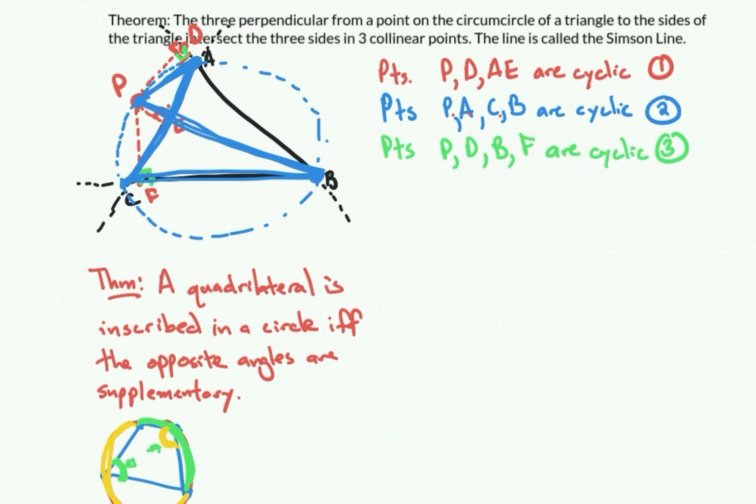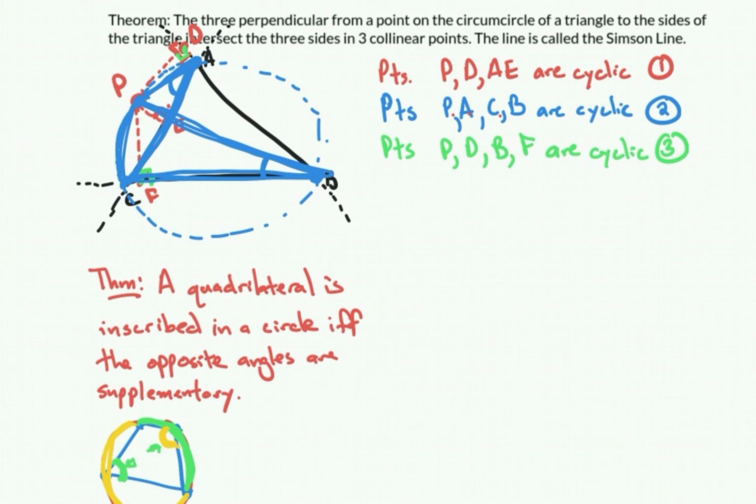PAC, PBC. Because those intercept the same arc right here, those two angles are going to be congruent. They're inscribed in a circle and they intercept the same arc. Therefore, they are congruent with each other. We're going to make that argument several times over.